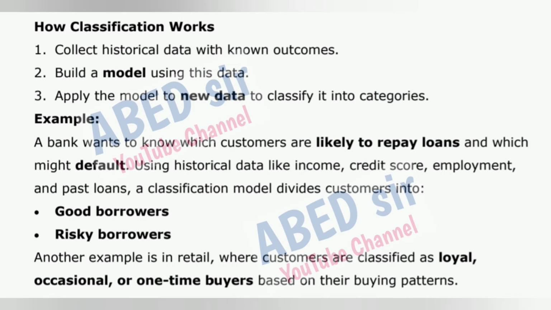How classification works: 1. Collect historical data with known outcomes. 2. Build a model using this data. 3. Apply the model to new data to classify it into categories. Example: a bank wants to know which customers are likely to repay loans and which might default.